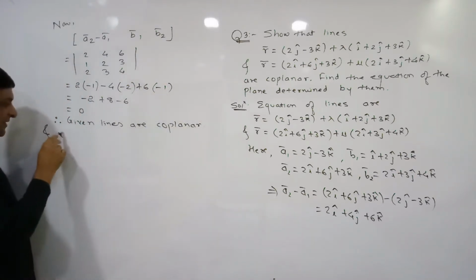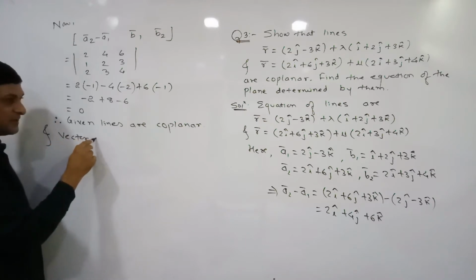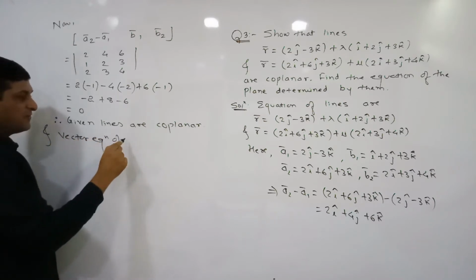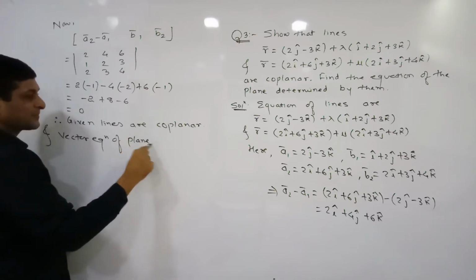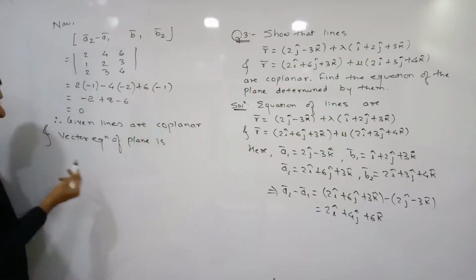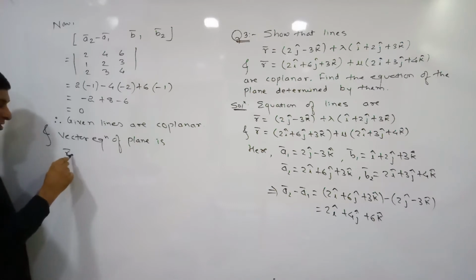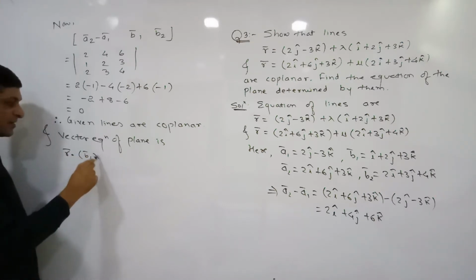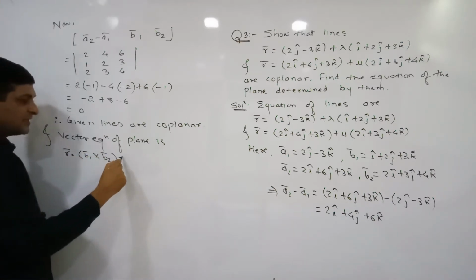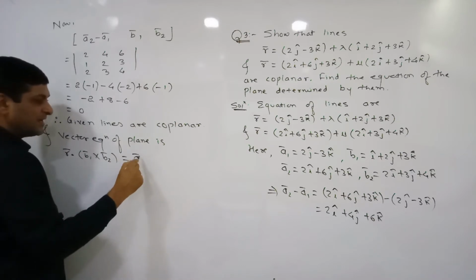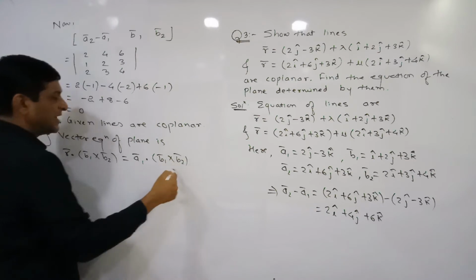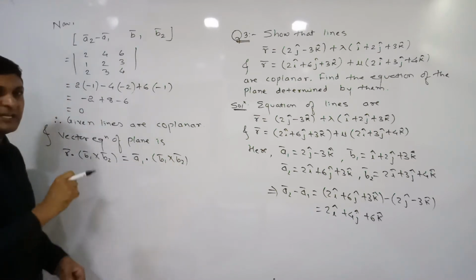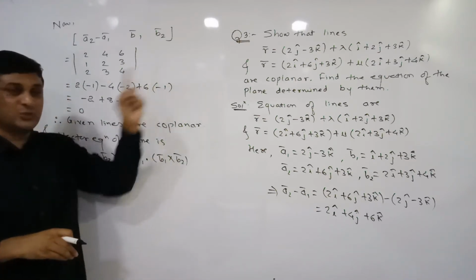The vector equation of the plane is R bar dot B1 bar cross B2 bar is equal to A1 bar dot B1 bar cross B2 bar. Applying this formula, we are finding the equation of the plane containing these two lines.